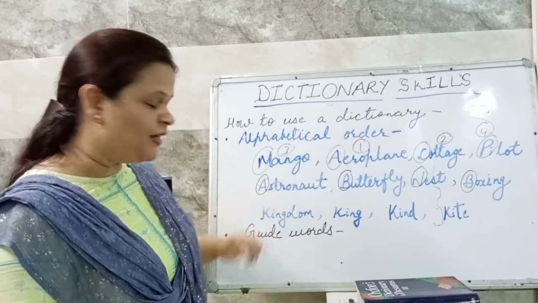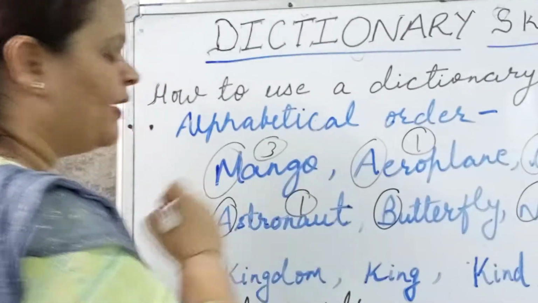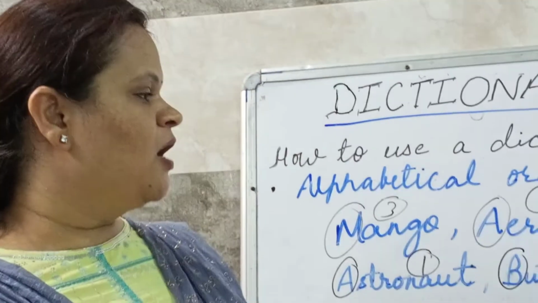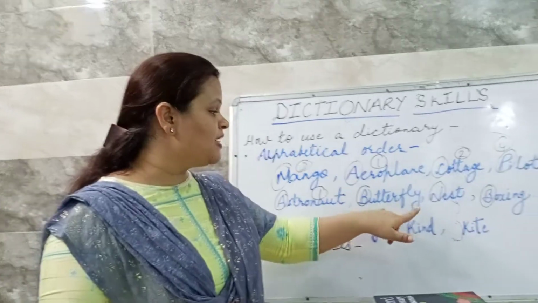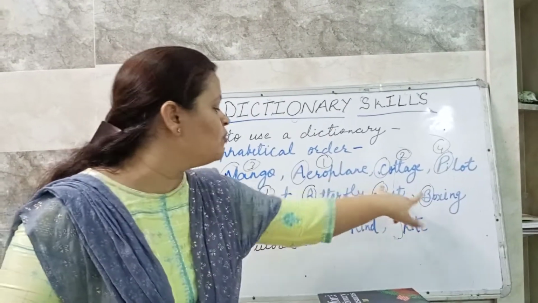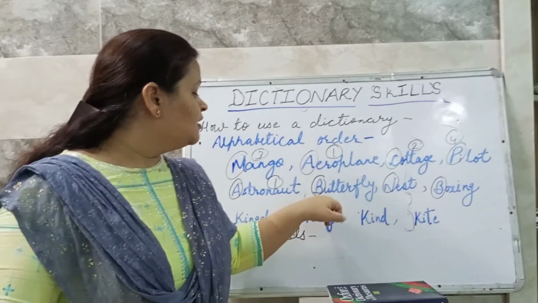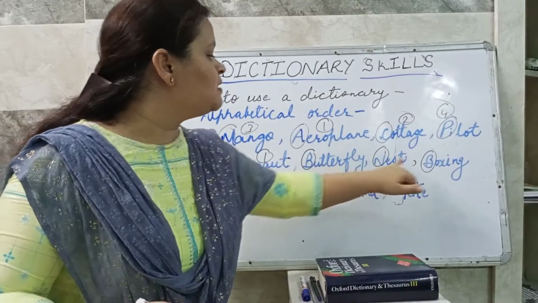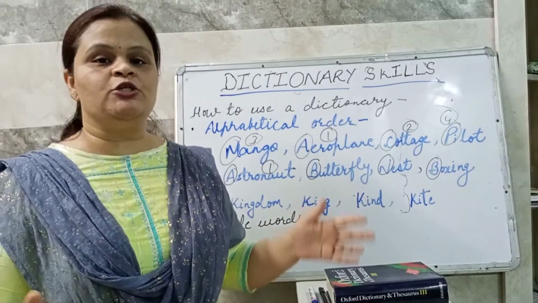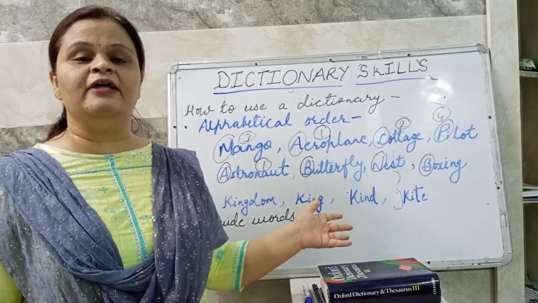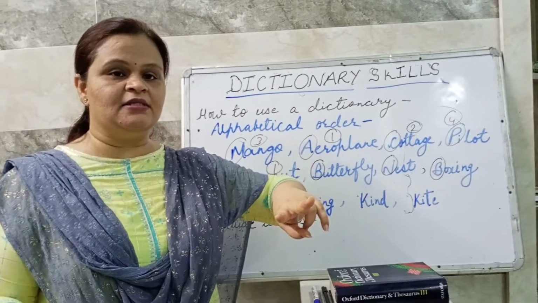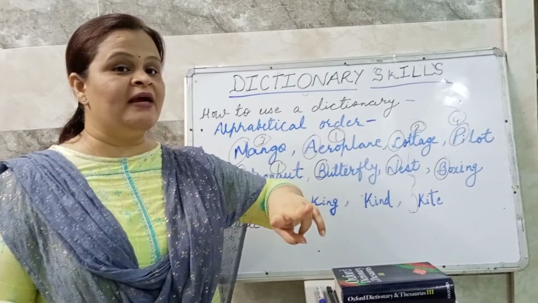So automatically this will be the first. Now the twist is there are two words, butterfly and boxing, where the first letter is the same. How can we arrange if both letters are B and B?